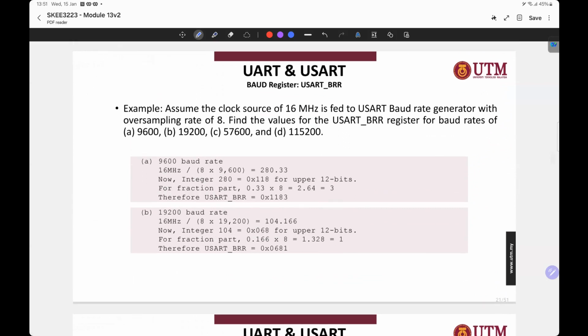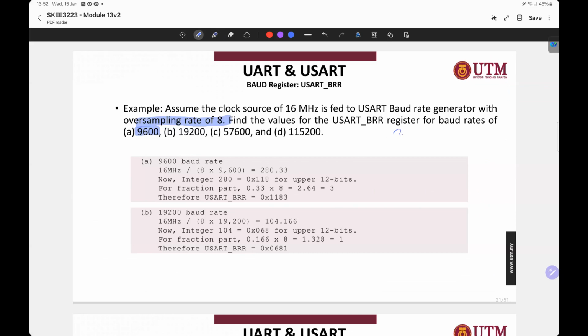Okay, so examples here. Assume that the clock source is 60 megahertz, is fed to the USART baud rate generator with oversampling rate of 8. Now you can see the sampling rate is 8. You need to find the value for the USART BRR register for baud rate of 9,600, 19,200, etc. Again, we need to use the formula.